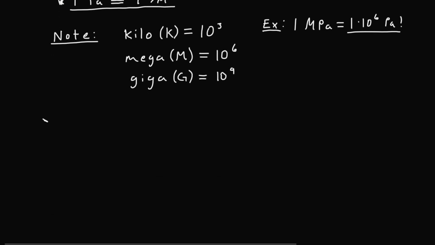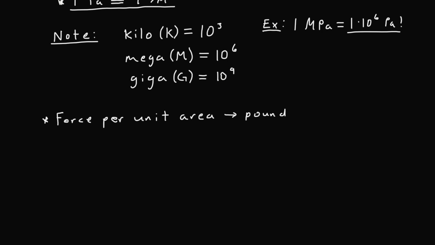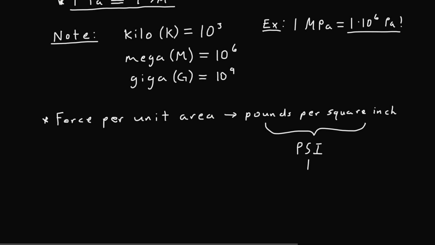And now for English units or US customary units, if we wanted to translate force per unit area using English units, we would end up with pounds per square inch, which is of course where the unit PSI comes from, which you might be familiar with here in the United States. So the standard English unit of pressure or stress is PSI, which again is just the abbreviation of pounds per square inch.